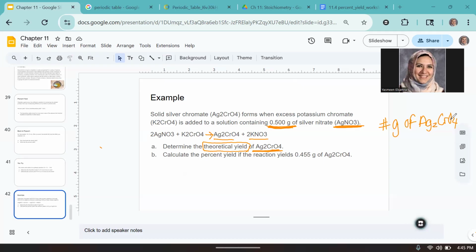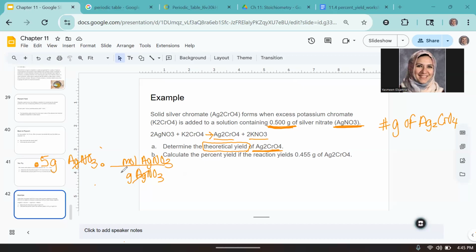Well, I always start with what is given. What is given is 0.5 grams of silver nitrate. I cancel what is given, silver nitrate. The only thing that I could put on top of grams is moles of the same thing, so moles of silver nitrate.